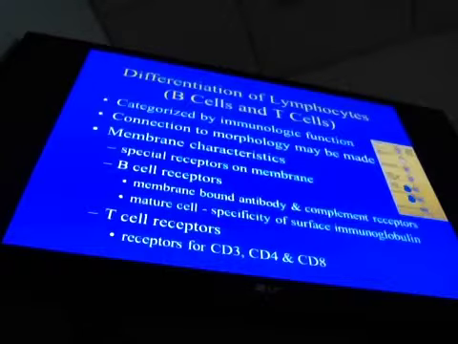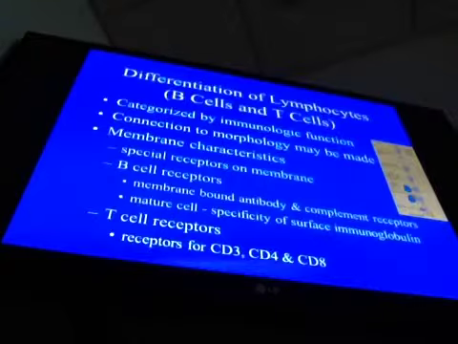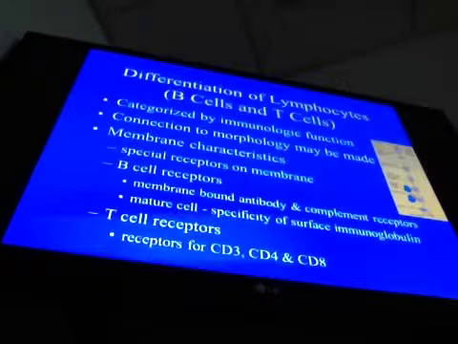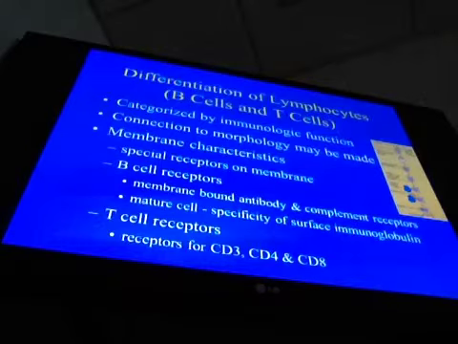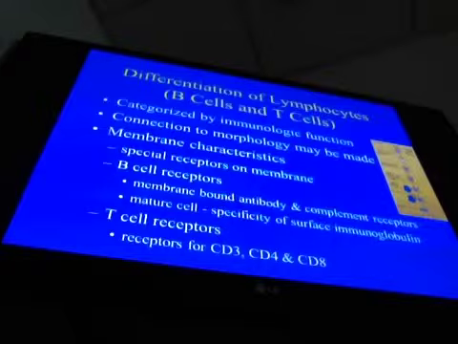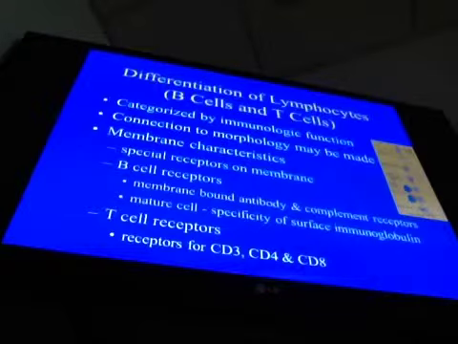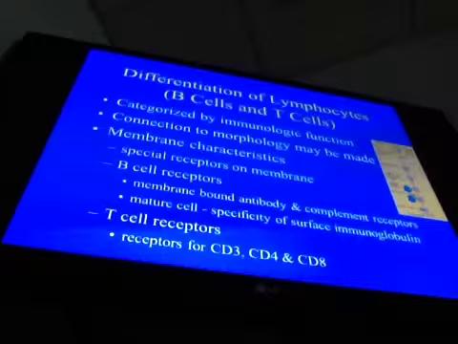So the differentiation between these B cells and T cells, as you remember, are categorized by immunologic function. So the connection to morphology can be made, and again, we don't see a differentiation when we look at the lymphocyte in the circulating blood. So the membrane characteristics of the B and the T cells, there are specific and special receptors on the cell membranes.